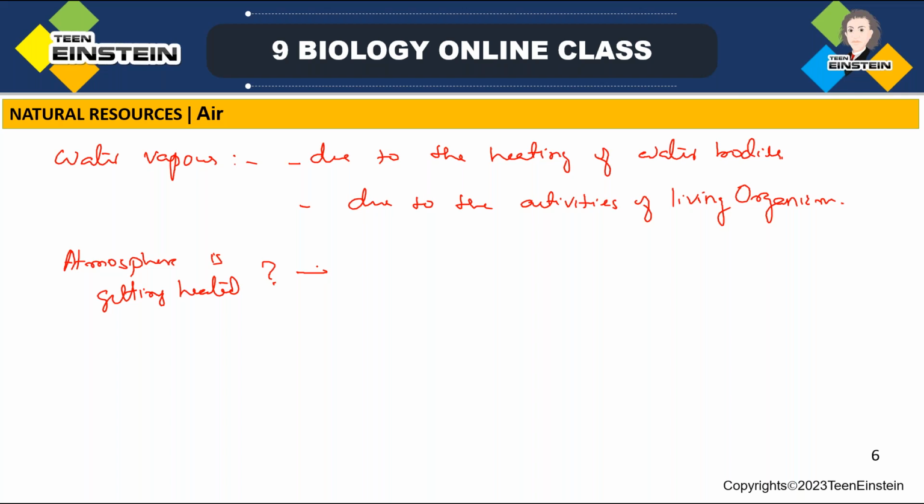The atmosphere is getting heated from below by the radiations which are reflected back or re-radiated by the land or the water bodies. Okay. So solar radiations are already coming, and those are reflecting. So it is due to the reflection of that radiation, re-radiated by the land or the water bodies. Okay.